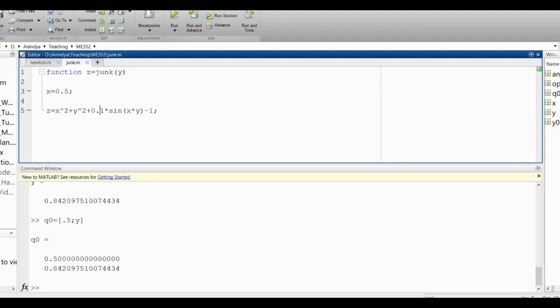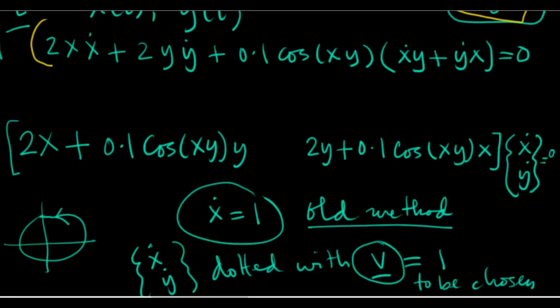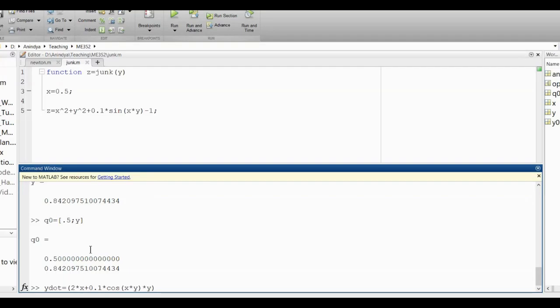Let's say y dot is equal to 2 times x plus 0.1 times the cosine of x times y, with a negative sign over here, and then divided by 2 times y plus 0.1 times the cosine of x times y times x. Okay, so this is what y dot is.